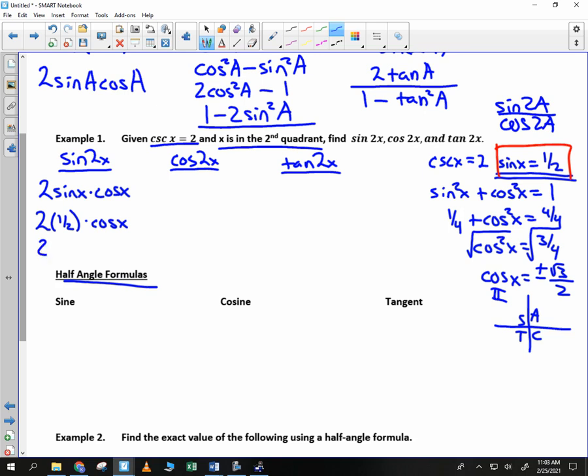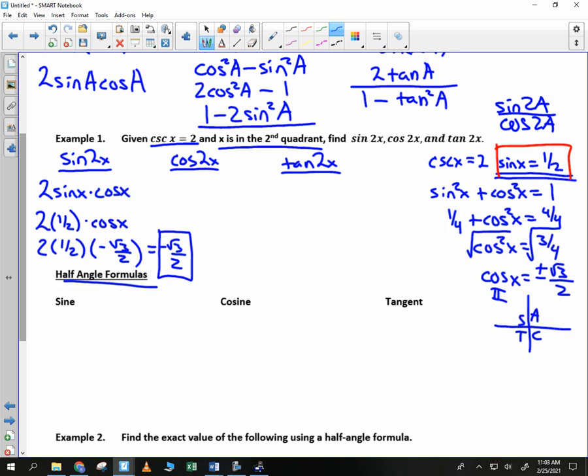So I have 2 times 1/2 times negative root of 3 over 2. 2 times 1/2 will give you 1, times negative root of 3 over 2 is negative root of 3 over 2. And that's what the sine of 2x is equal to. That looks like a lot of work, but once you can do that, the rest are pretty straightforward.